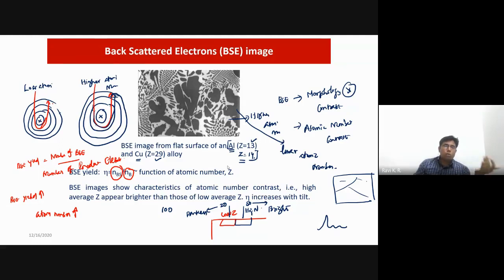But when you have a sample with 2 or 3 different elements, say Z of 12, 13 and 14, then you don't see any contrast because the atomic number difference between the 3 elements is not much. So this is the backscatter electron.